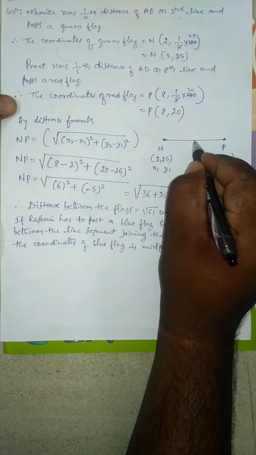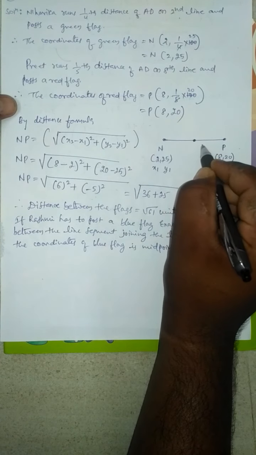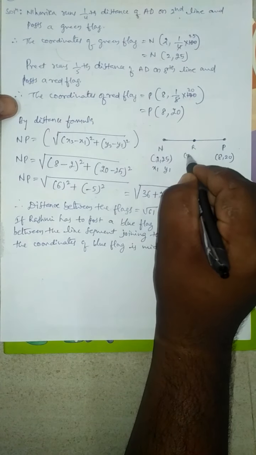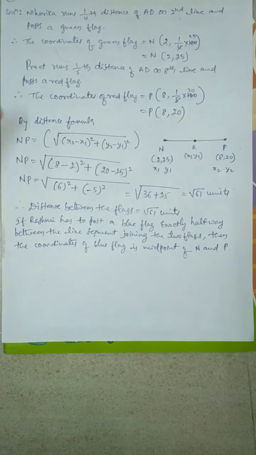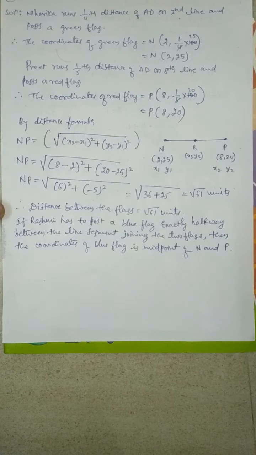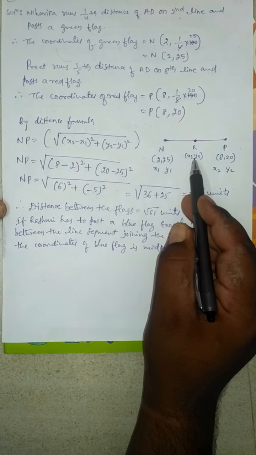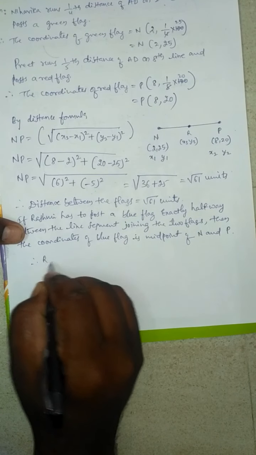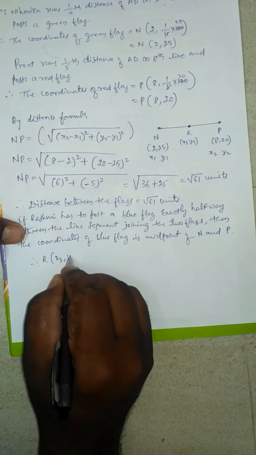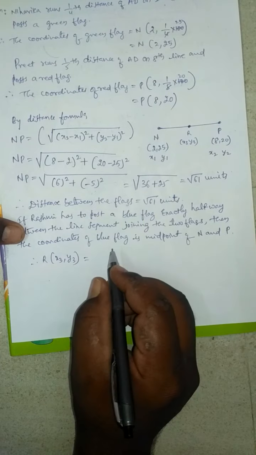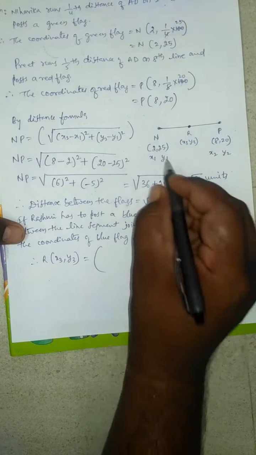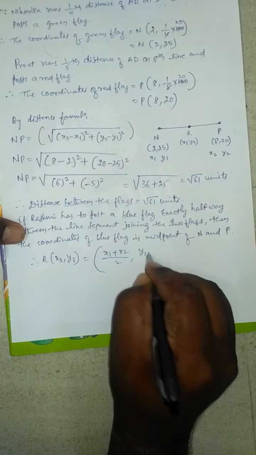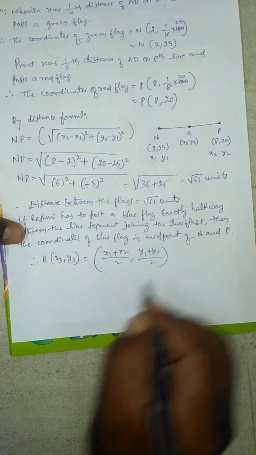If Rashmi is going to post a blue color flag exactly in the middle of the NP, means here this is R, x3, y3. So by using midpoint formula, we have to find out R coordinates. Therefore, R of x3, y3, we are using midpoint formula here. What midpoint formula says? x1 plus x2 by 2, y1 plus y2 by 2.